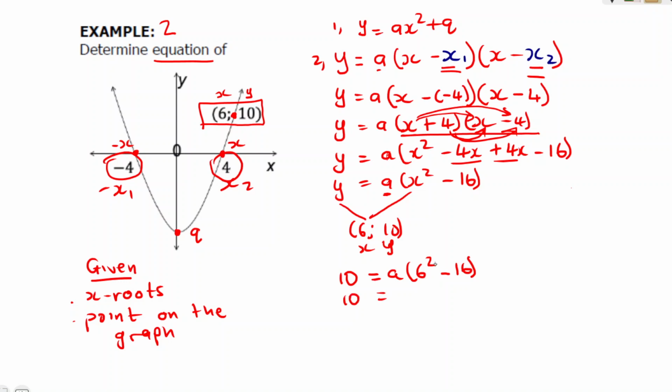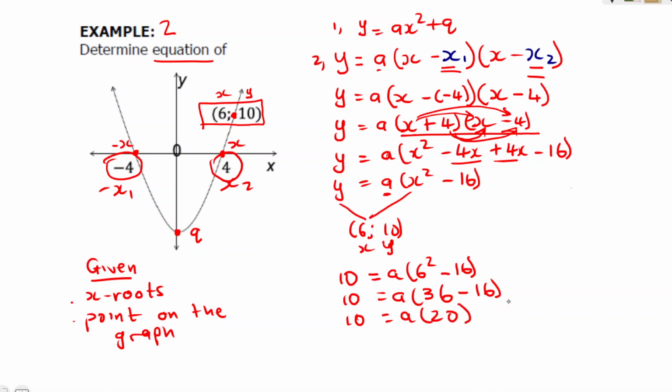So what is 6 squared? 6 squared is 36 minus 16. Now we have to calculate 36 minus 16. Okay, we take 10 here, then we're left with 26. We take 6, we'll be left with 20. So 36 minus 16 is 20.